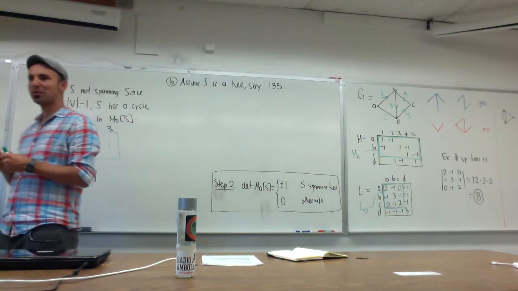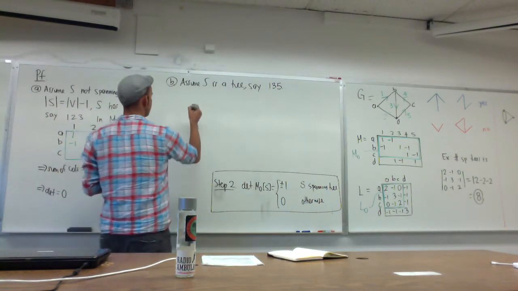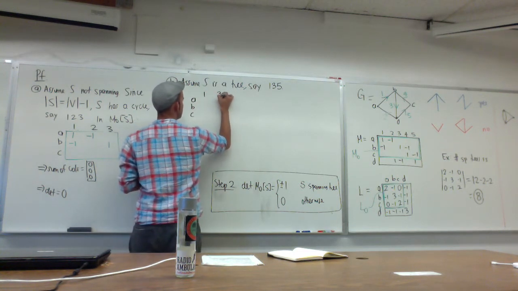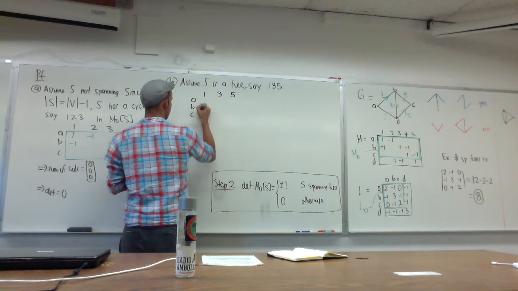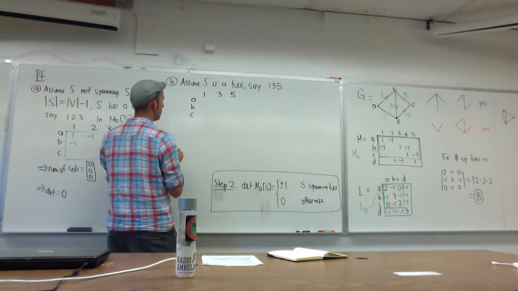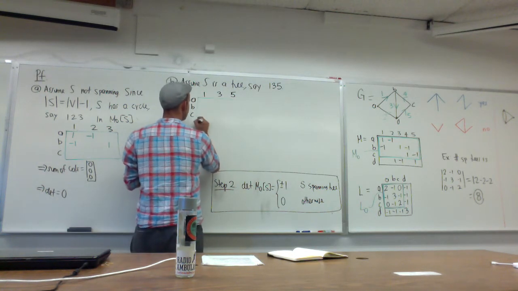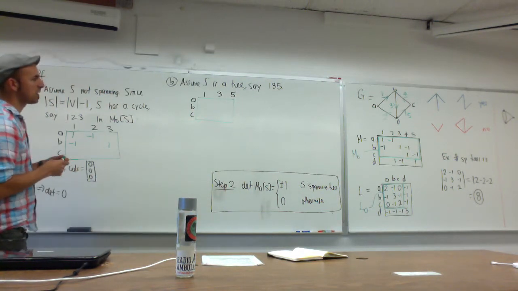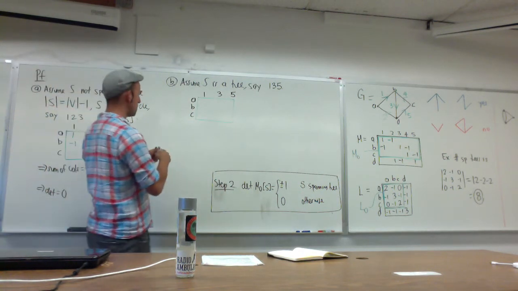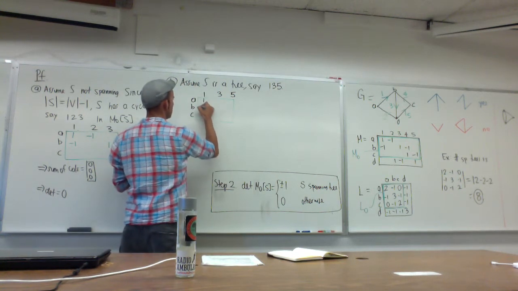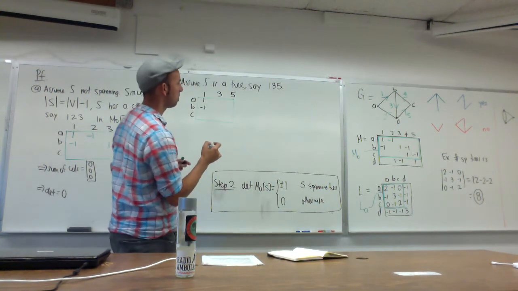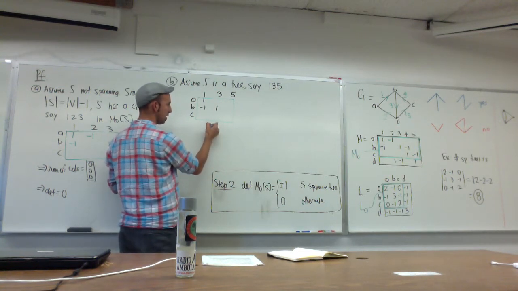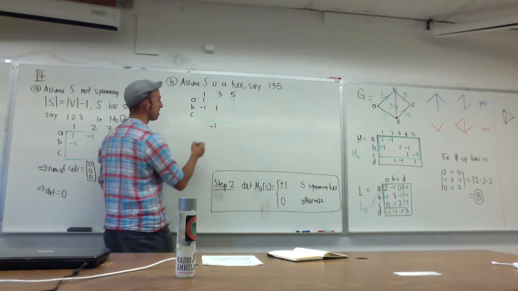So I want to show that the determinant of A, B, C, 1, 3, 5 is either 1 or minus 1. Okay? So let's see how that looks in the matrix. So again, 1 goes from A to B, 3 goes from B to D. So D, I think I'll draw it, but it falls out of the matrix.